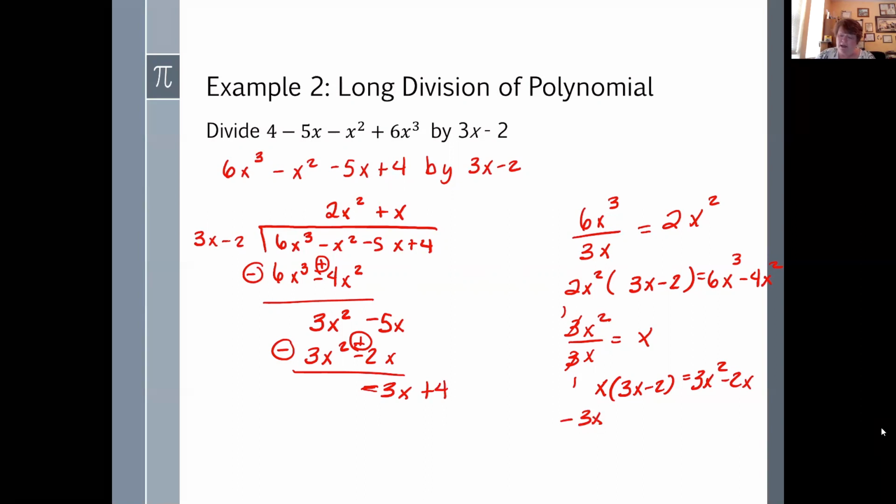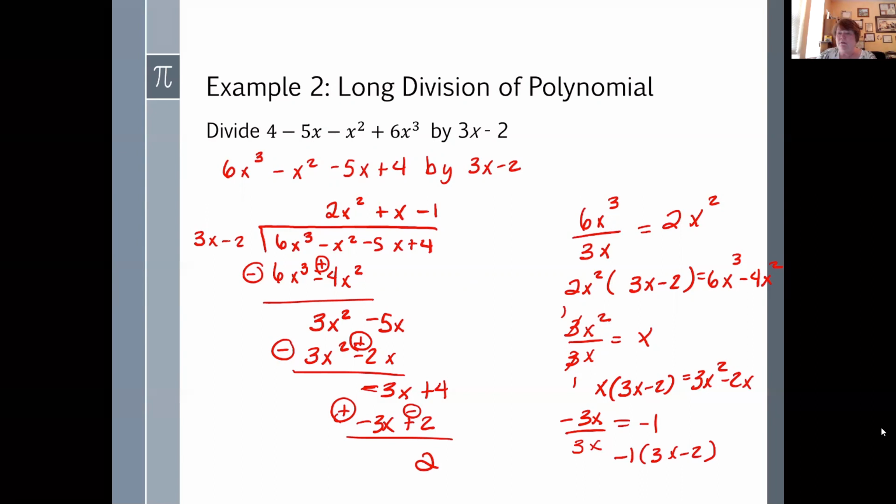Negative 3x divided by 3x. Negative 3x divided by positive 3x is negative 1. Take the negative 1 times the 3x minus 2. That is going to be minus 3x plus 2. Change the sign and add. So our remainder will be 4 minus 2 is 2.